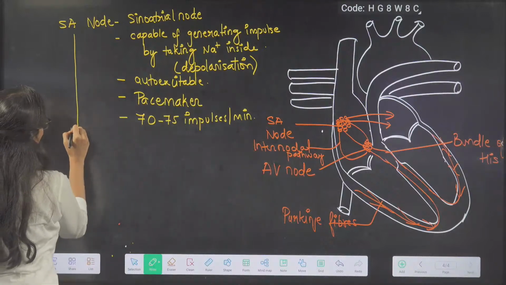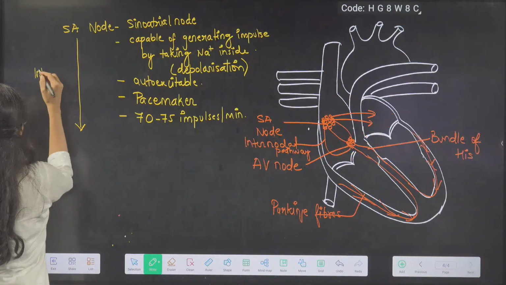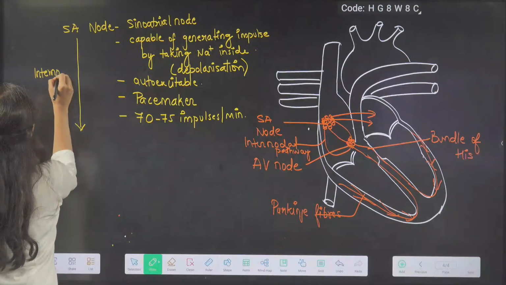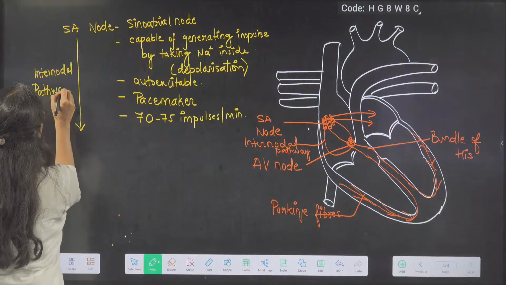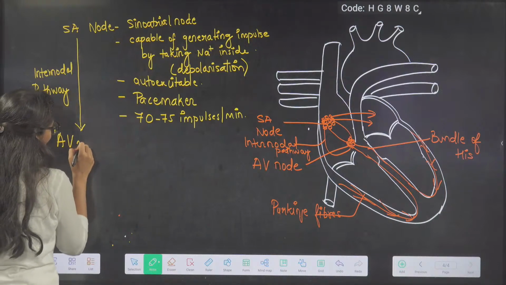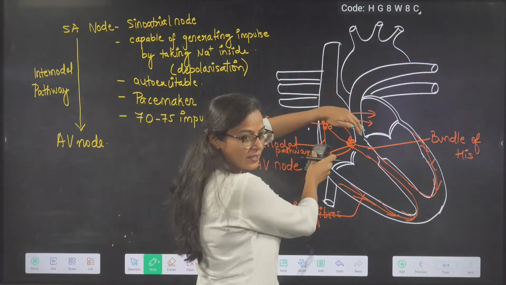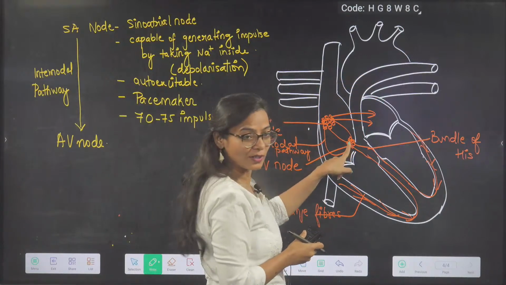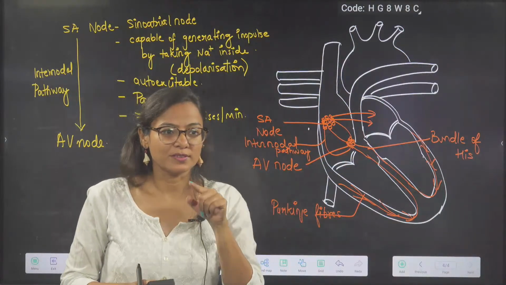So from the SA node through the internodal pathway, now the message is going to the AV node, right? First the atrium is getting contracted. By that time the message is also going to the AV node, right?